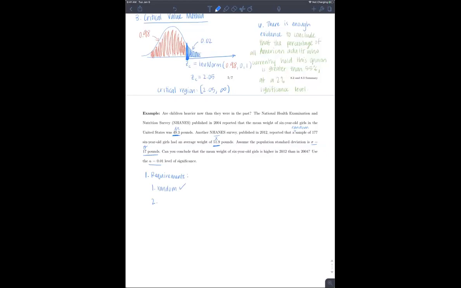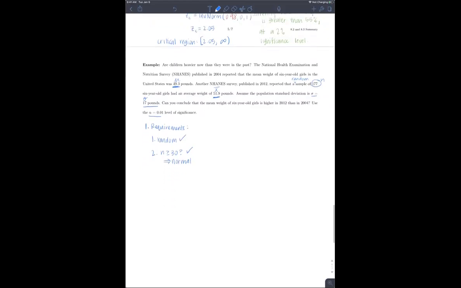We forgot about this variable, so 177, so yes. And what this means is that I'm working with a normal distribution, and that's why we check for n greater than or equal to 30.